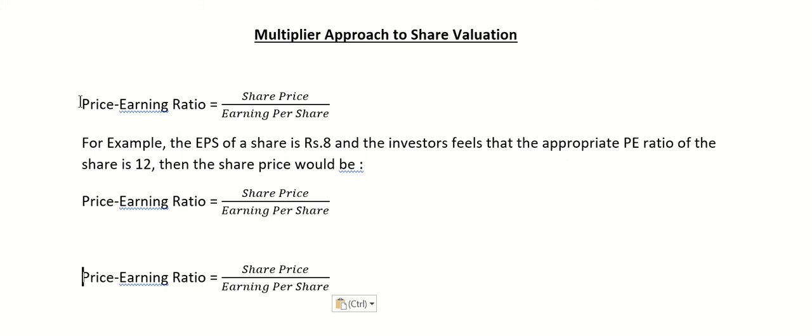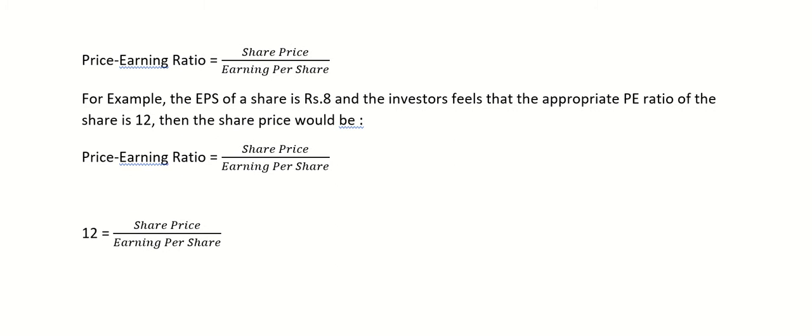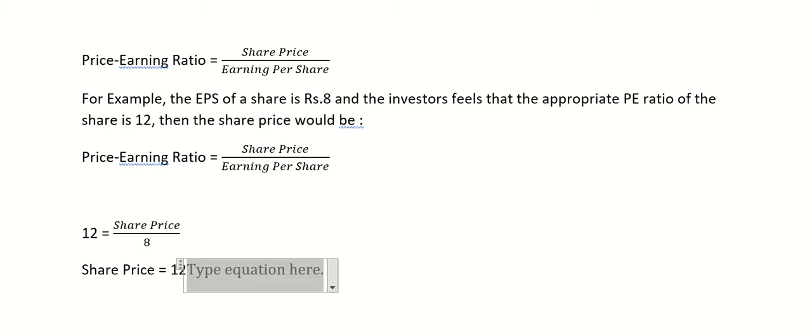So the price earning ratio is given to you, that is 12. And earning per share is also given to you, that is 8. So now the share price would be 12 into 8, that is 96 rupees.